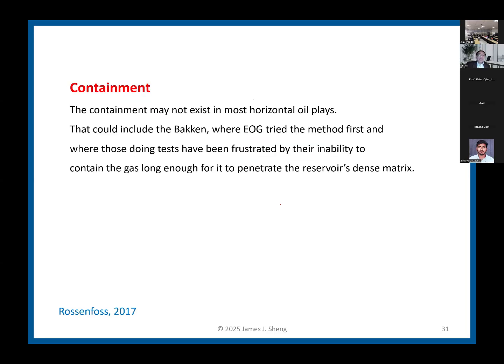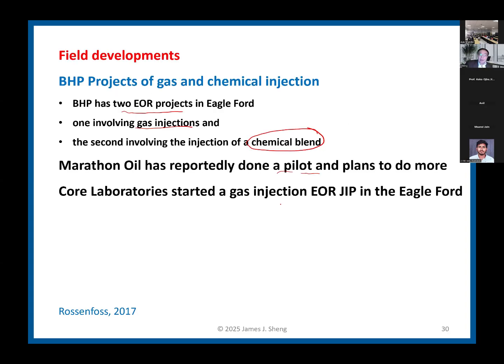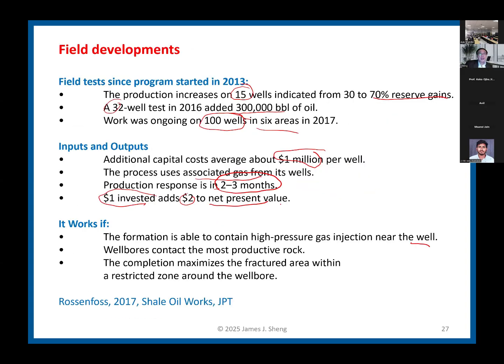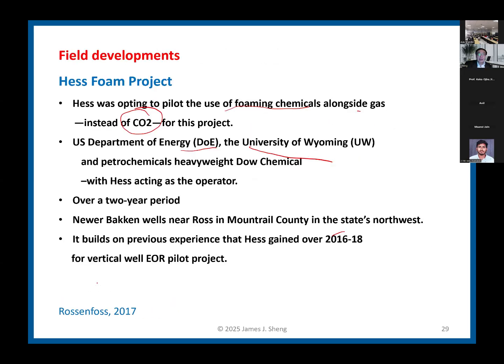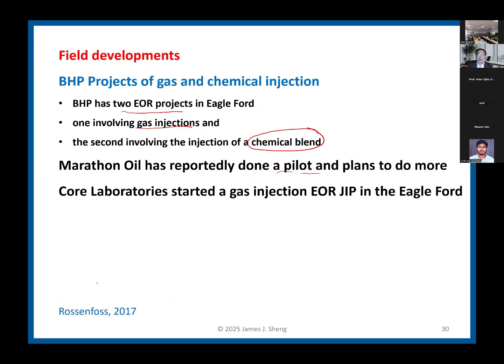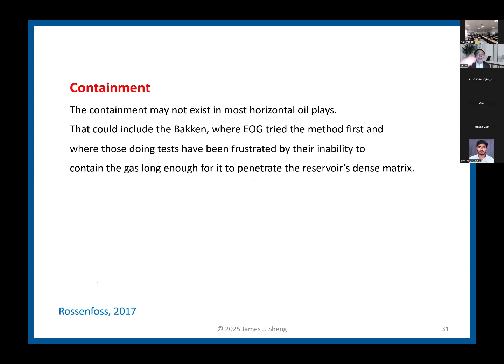Okay, let's talk about analyzing containment. From these previous projects, the results show that restricted around the wellbore is better, right? So what does it mean? That means containment. So what is containment? It is containing the injected gas near the injection well.